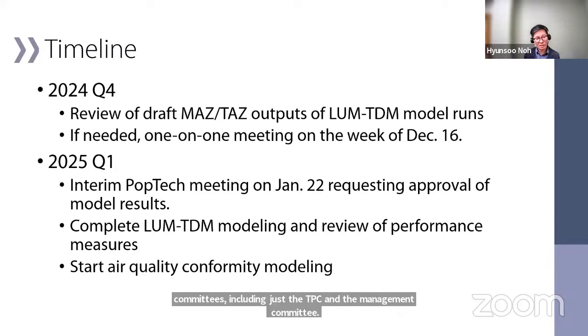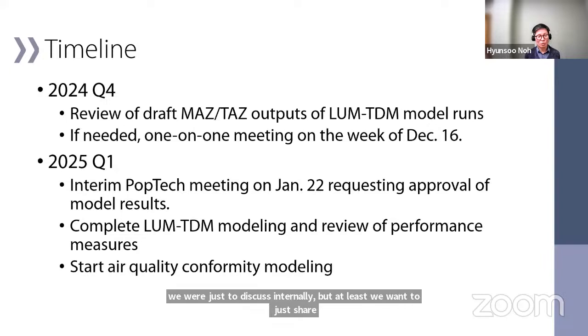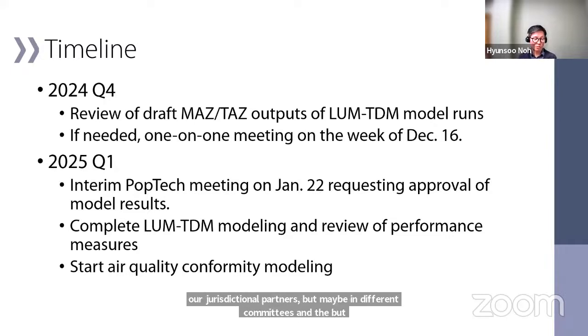And after then, meanwhile, we're going to figure out the final performance measures. We are not entirely clear if it's good to share at PopTech, but we will discuss internally. At least we want to share the performance measures with our jurisdictional partners, but maybe in different committees.